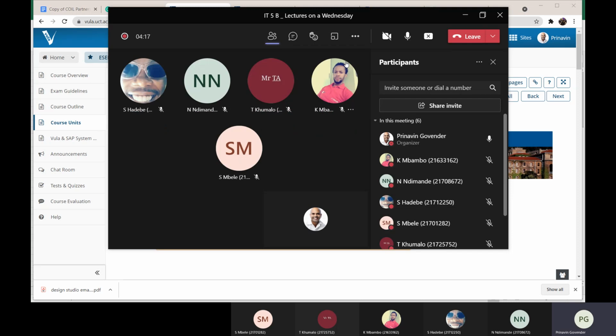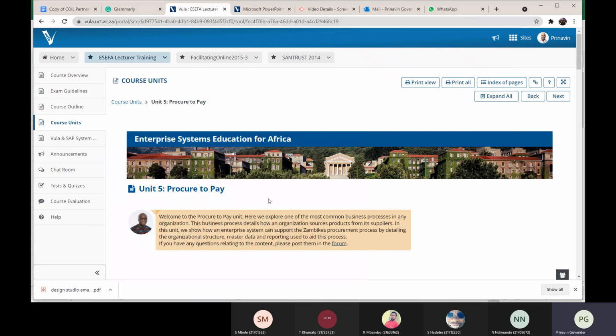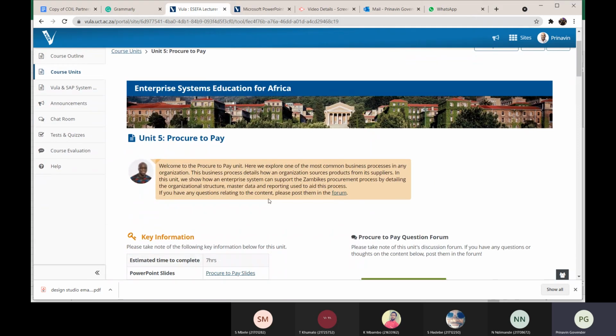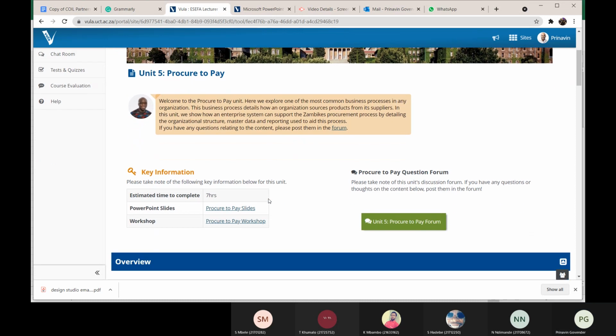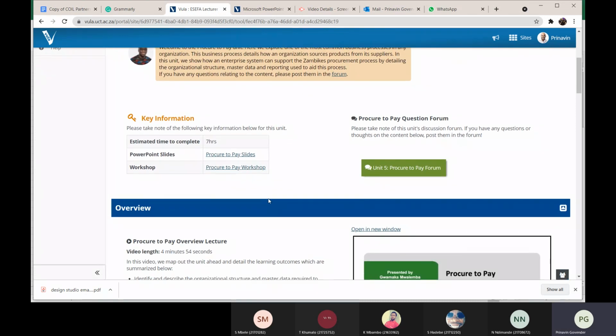Okay, Ms. Mbele, welcome. Right, so what I'm going to just go through is the slides for procure to pay. And this is the unit that we're talking about. Last week, I did the workshop where I did the practical aspect of entering S4HANA, and I was able to log in with my ZMB 000 username and my password, which I'm not going to tell you.